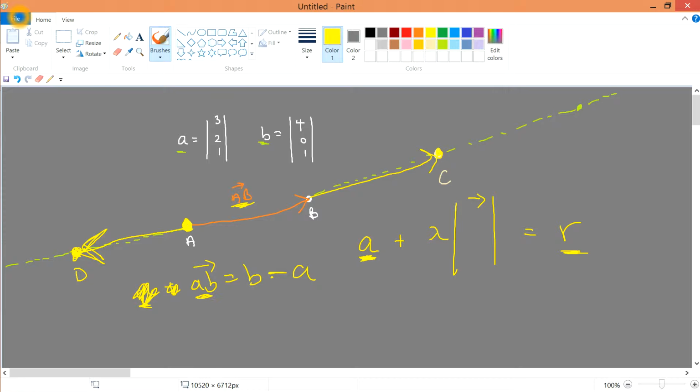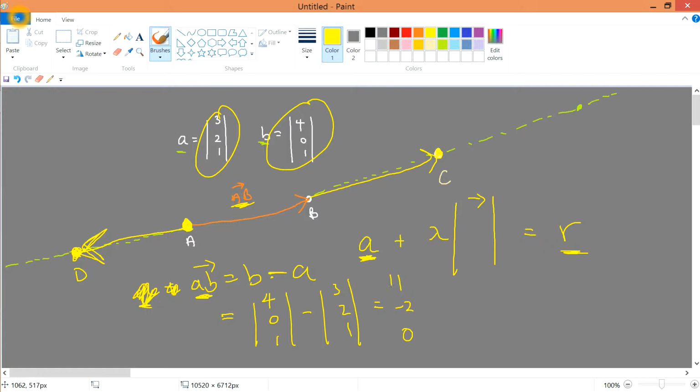So in order to find AB, I need to use B minus A. This is the concept. So I use the point B, 4, 0, 1, minus A which is 3, 2, 1. I have 1, 0 minus 2 is minus 2, and 1 minus 1 is 0. And there we have the vector AB.